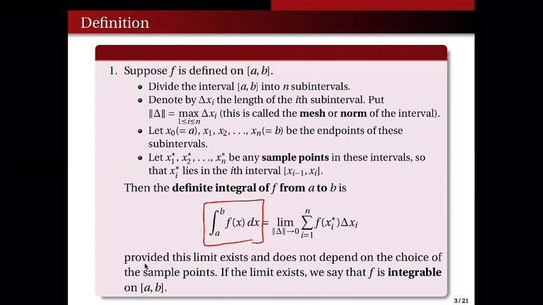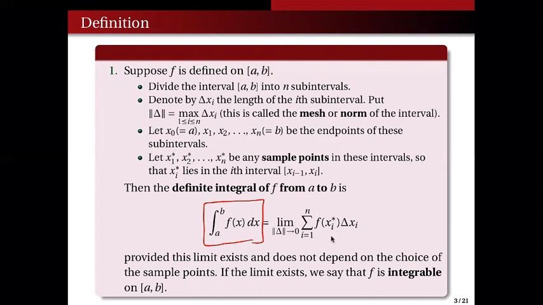Provided, take note of this, provided this limit exists and does not depend on the choice of the sample points. So meaning, you compute the limit, and if the limit exists, then we're good.